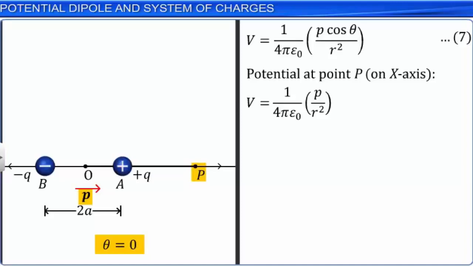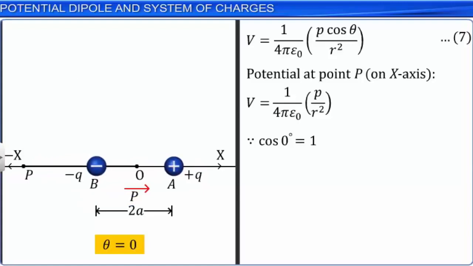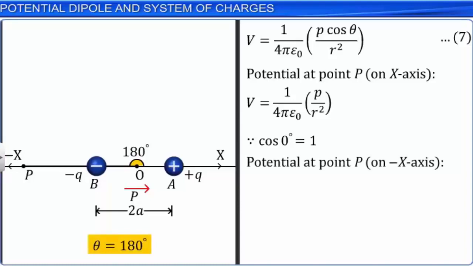If point P is on the negative x-axis, then the angle between the position vector of P and the dipole moment of the dipole is 180 degrees. The potential at P due to the dipole is V is equal to minus 1 by 4 pi epsilon naught into P by r square, as the cosine of 180 degrees is minus 1.